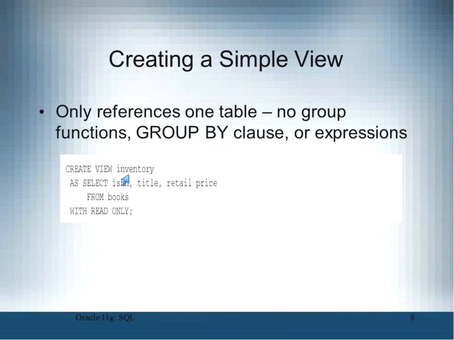So this is a simple view. We are referring to the data in one table, and we're just getting some columns. This is useful when there is sensitive data like a Social Security number, a password field, or credit card information in the table that you don't want exposed.